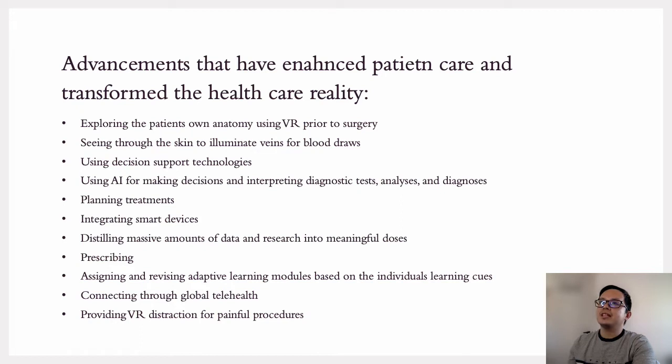Then planning treatments, integrating smart devices, distilling massive amounts of data and research into meaningful doses, prescribing, assigning and revising adaptive learning modules based on the individual's learning cues, connecting through global telehealth, and providing VR instructions for painful procedures. We'll talk about them later. As technology continues to evolve, nurses will see different issues of technology and its integration in healthcare. This shapes the application of technology and will transform and alter nurses' reality.